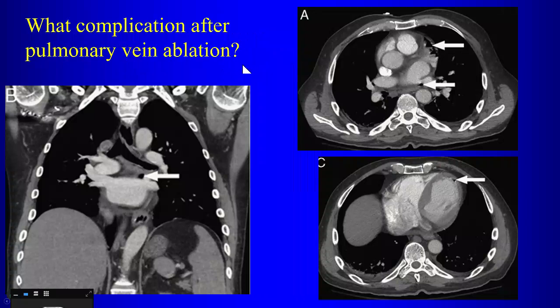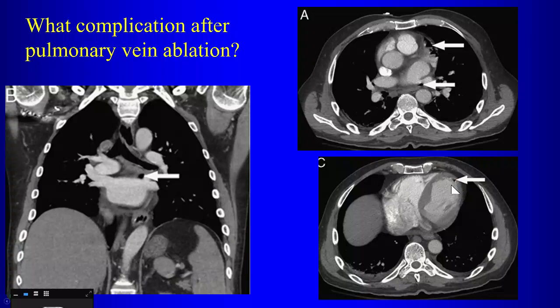Okay? This is the most dreaded complication that can occur from this procedure. So what's going on here? Fistula. So fistula between what and what? Fistula and the esophagus. Yeah, so remember that the esophagus sits right behind the left atrium, and if they burn through the wall and get into the esophagus, it can create a fistula between the esophagus and the atrium, and then you can have air here.